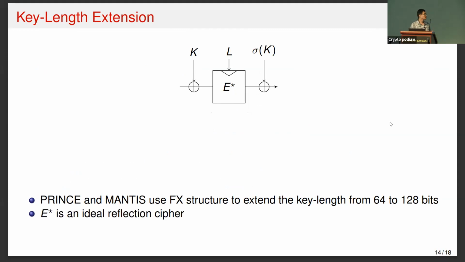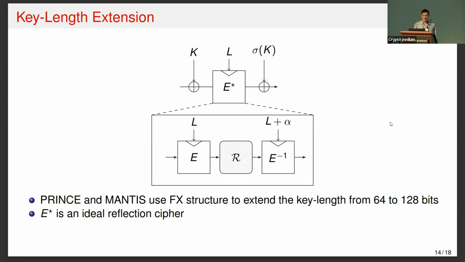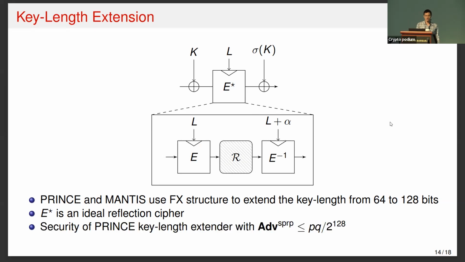They proved their results using the fact that the core is actually an ideal reflection cipher, and we can see that the bound looks like this, and they proved the security of the Prince key extender to this bound.